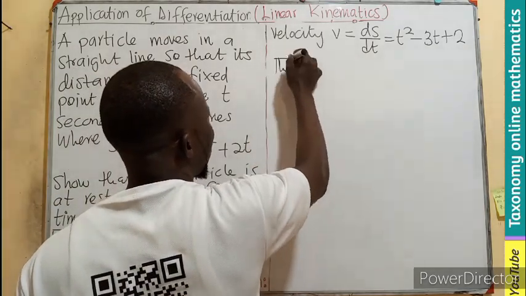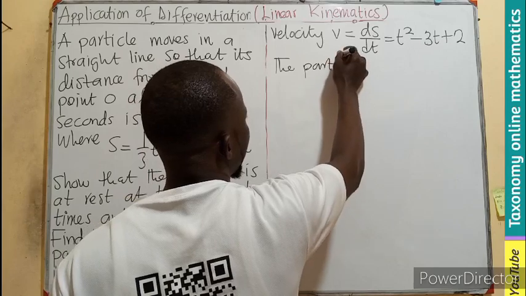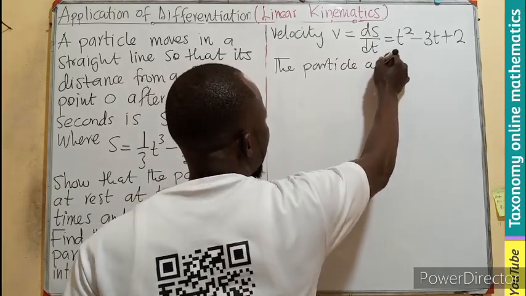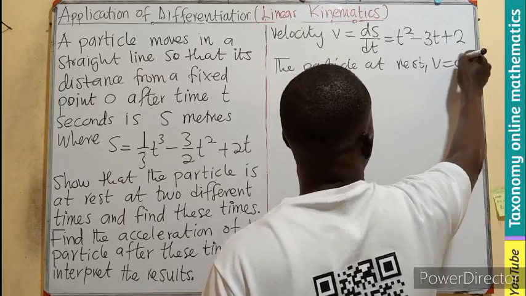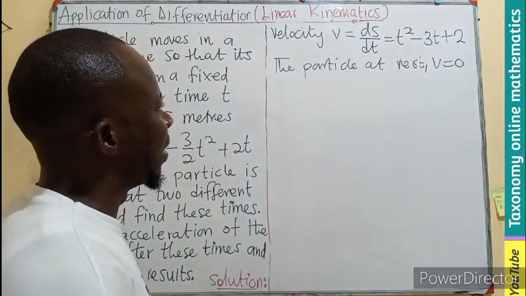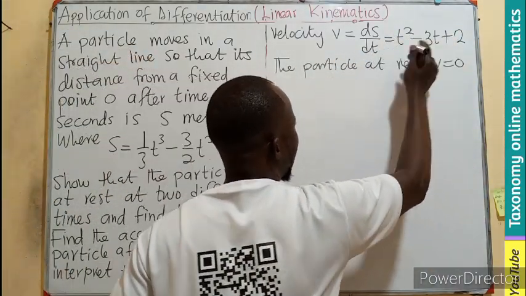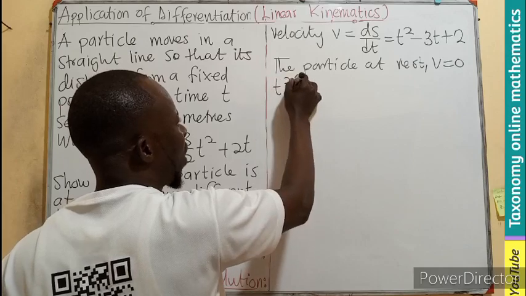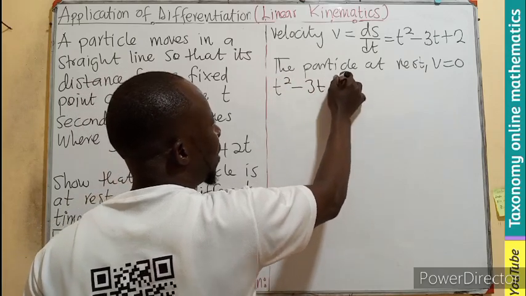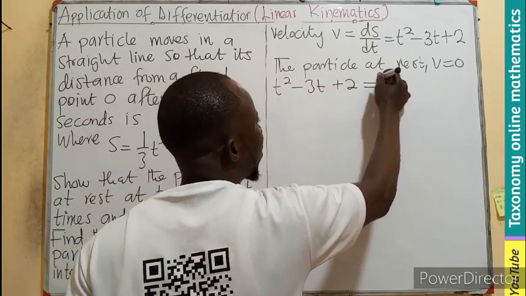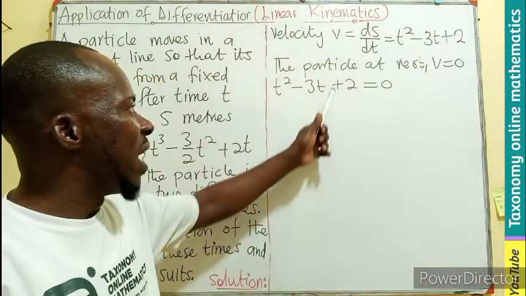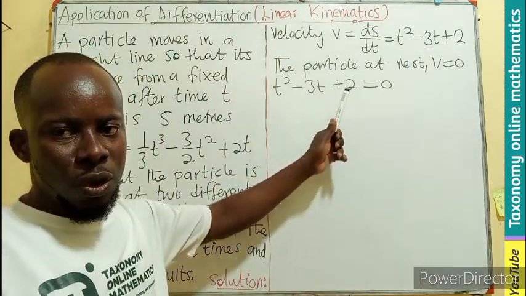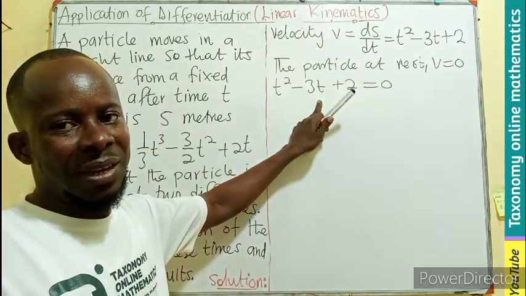So the particle at rest means v is equal to what? 0. That simply means the whole of this, t squared minus 3t plus 2, should give us 0. This is a quadratic equation, right? We find factors of 2 which, when you add, you get minus 3.